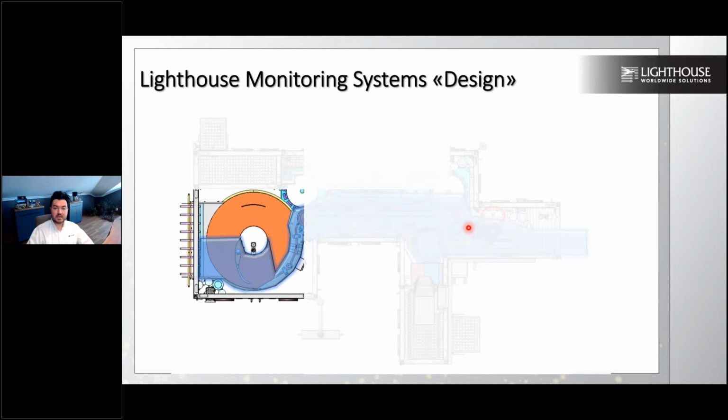For example, starting with the turntable. In this turntable location, my risk area is in this location, right? So the best approach could be placing, you can see here, the particle sampling in this location.